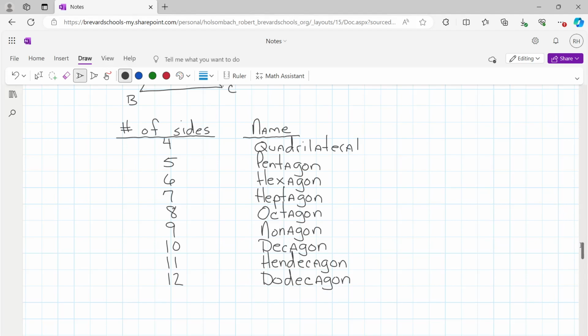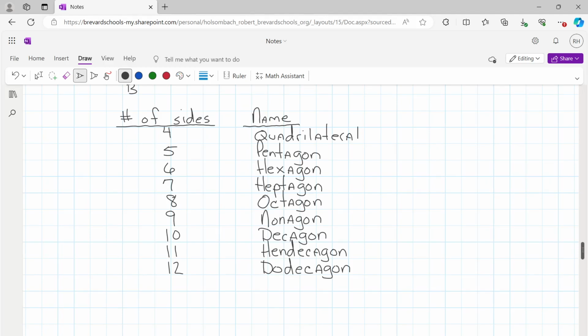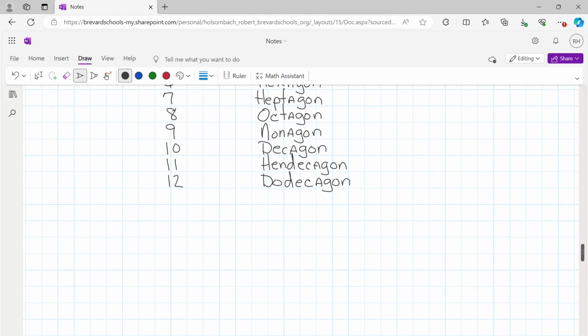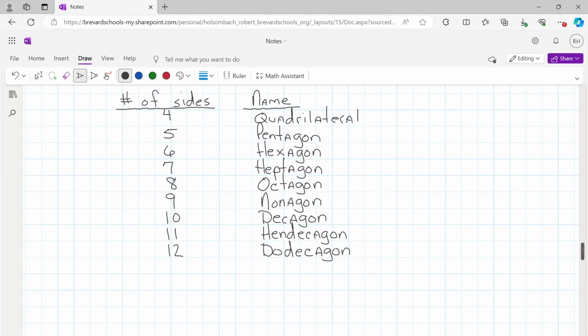Now, those are the names that you have to remember on your own. Anything over 12 sides, we're going to use the variable n. Anything over 12 sides is what we call an n-gon.